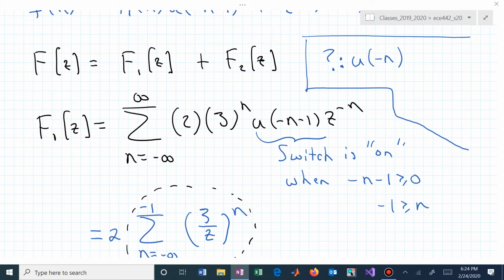Now this could be on as long as the argument is 0 or bigger, right? So now we need, this is on when minus n is bigger than or equal to 0. Now we multiply that by minus 1, or we add n to both sides, however you want to do it.